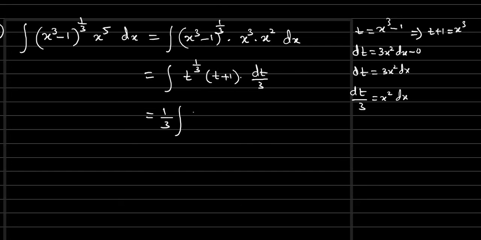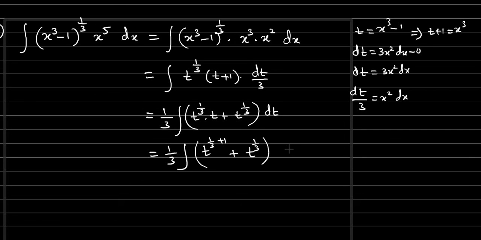So when we multiply t power 1 by 3 into t plus 1, we get t power 1 by 3 plus 1 plus t power 1 by 3, dt. If the base is the same, we can add the powers. So 1 by 3 integral t power 1 by 3 plus 1 plus t power 1 by 3. The second term is written as it is.